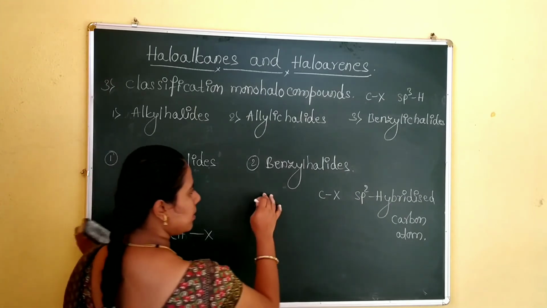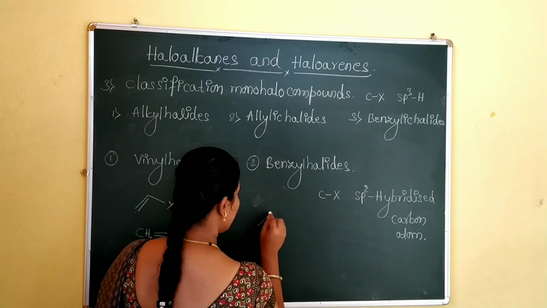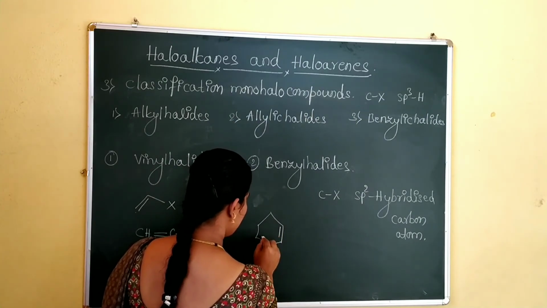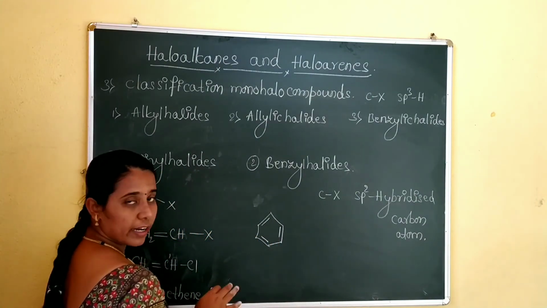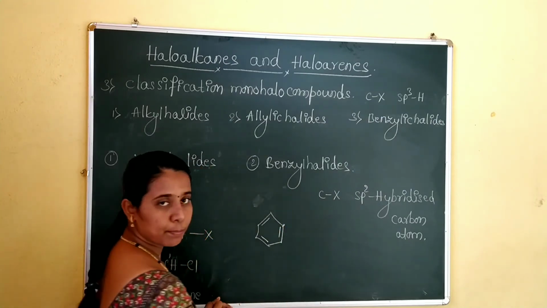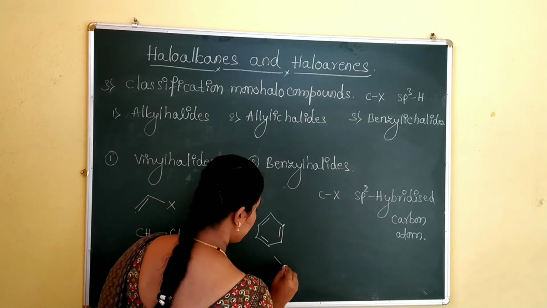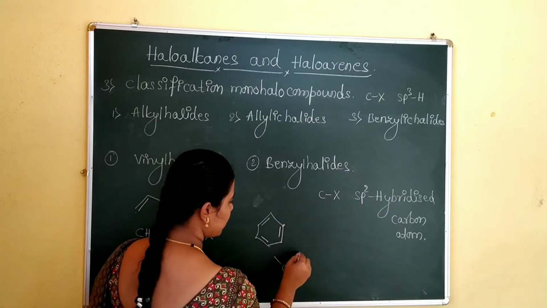And the last one is aryl halide. See here in this case, benzene contains alternate double bonds and single bonds. See here, this carbon atom is sp2 hybridized, because one hydrogen atom is there.